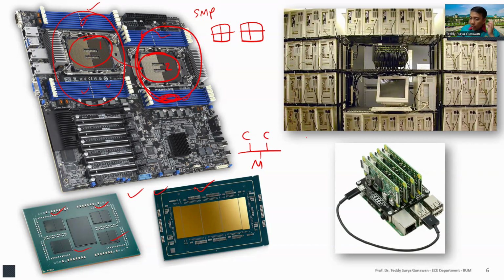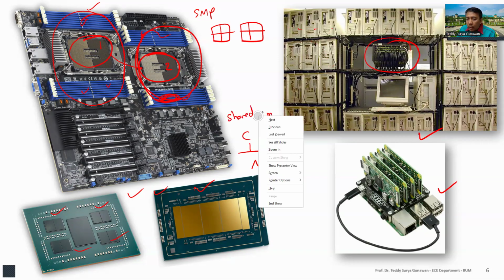But here is the cluster. This is a Raspberry Pi cluster head, and these are the cluster computers. You can see the Beowulf cluster. You can connect standalone PCs, and you can see here the connection, the Ethernet switch. So now this becomes distributed memory. This is shared memory, in which the memory is shared among cores.